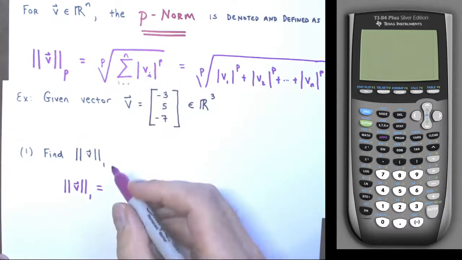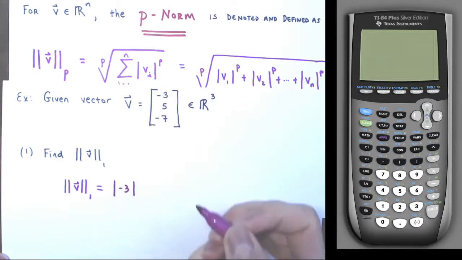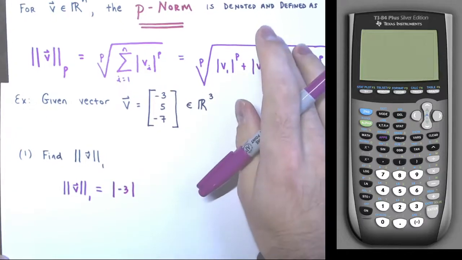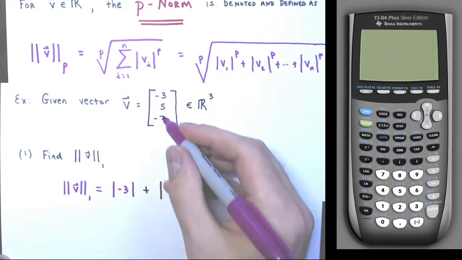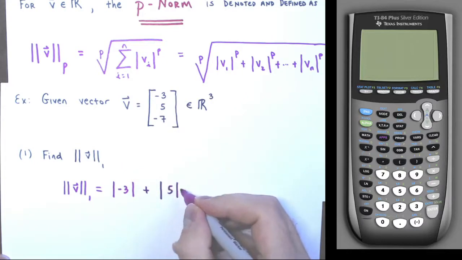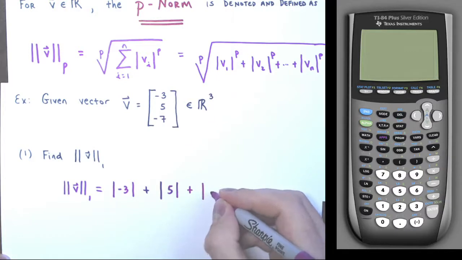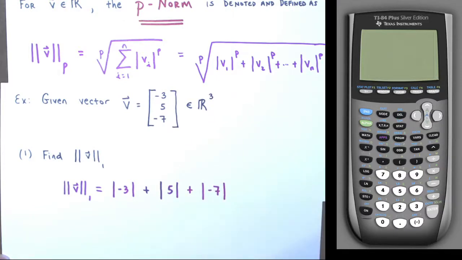It's the sum of the absolute value of the first component to the first power, where all the p's are replaced by 1 here, plus the absolute value of the second component to the first power, plus the absolute value of the third component to the first power.